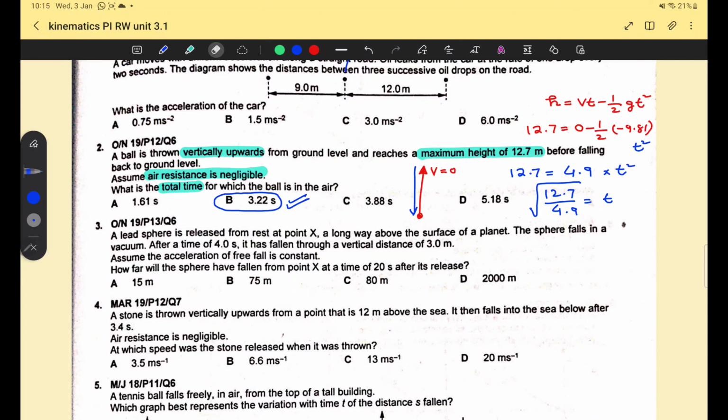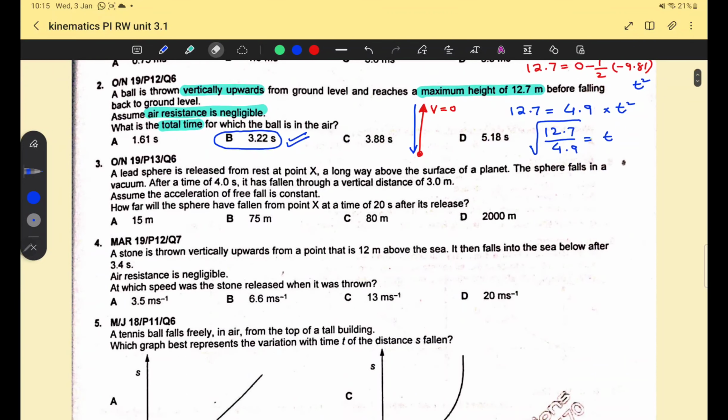First equation, when distance or height is not given. Second equation, when height and time are given. In this question you are given height and you have to calculate time, so I used the second equation of motion, beta. Is it clear? The same concept which we used in the last class.